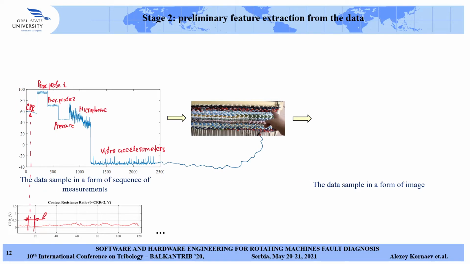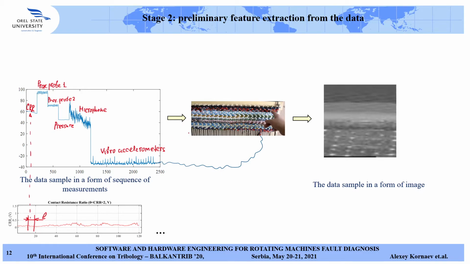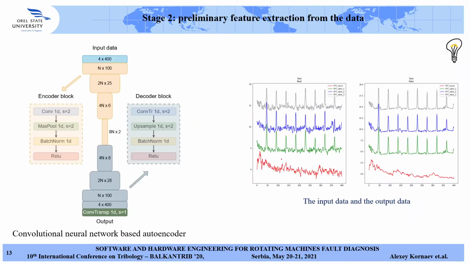We took a small region of measurements from each sensor and collected a sequence of data from multiple sensors. We even tried to represent it in the form of a figure, just like a carpet. So sequences or images were used as the input data.